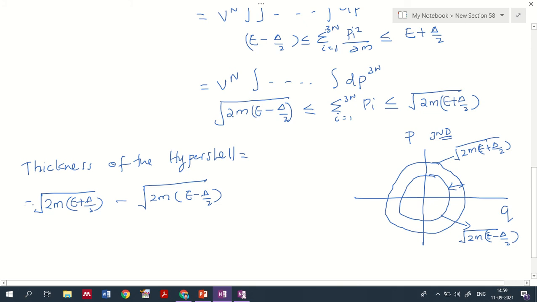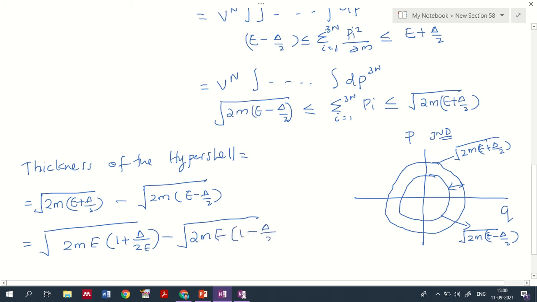which is equal to, when you progress, I can represent this as root 2mE into, if I take E outside, (1 plus delta by 2E), minus root 2mE (1 minus delta by 2E). So this is how I will be getting it.